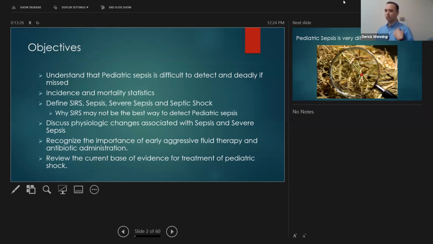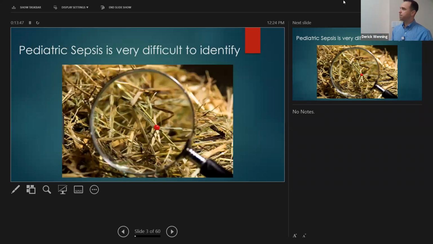We're also going to talk about why SIRS is not really the best way to detect sepsis in pediatric patients, discuss the physiologic changes associated with sepsis, and recognize the importance of how early aggressive IV fluid rehydration and antibiotic administration will absolutely decrease the morbidity and mortality of the patients that you're seeing. And we're going to just review the current evidence for treatment.